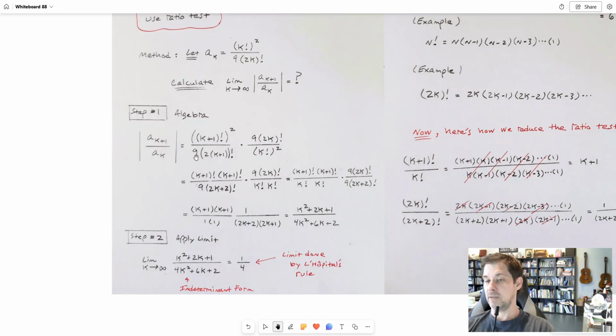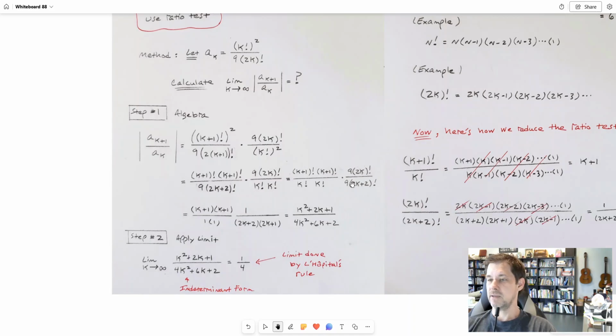Like the k plus 1 factorial is not going to cancel with the 9. So I don't really see the point in writing them together. I think it'd be a little more obvious if I wrote these things together. Then I'll put the 9 on top, move this 9 under it, and move this 2k plus 2 factorial under 2k factorial, because I think those are going to reduce.